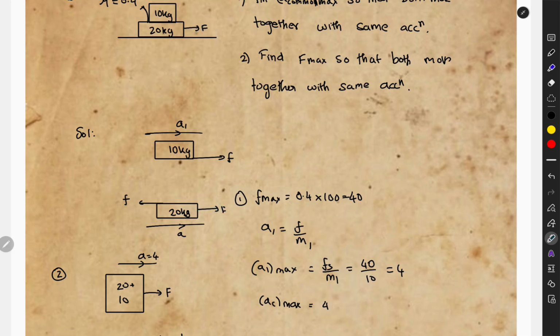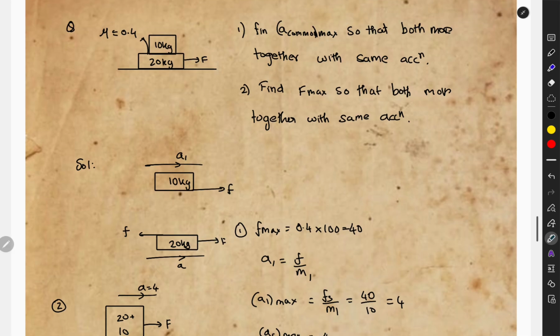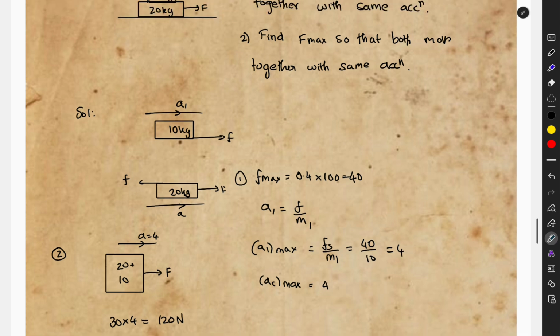And then the force will be acting on this block. Okay, so for these two blocks to move together without slipping, how much common maximum acceleration can we apply? So that's the question. So let's take the maximum force which can be applied.